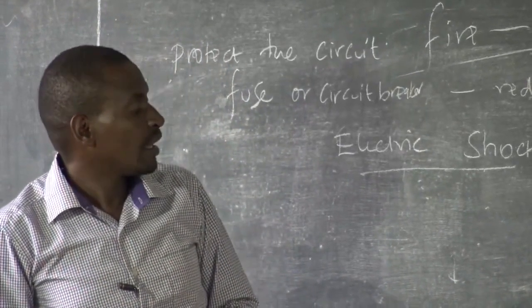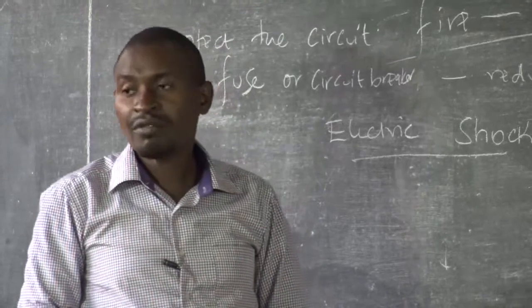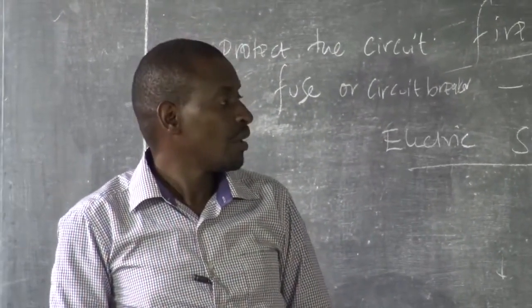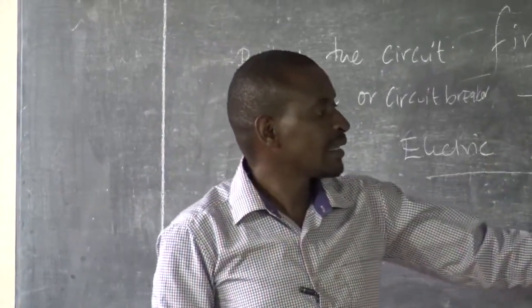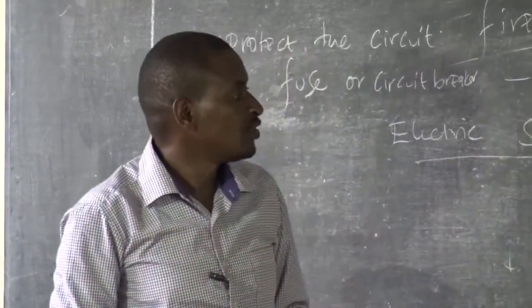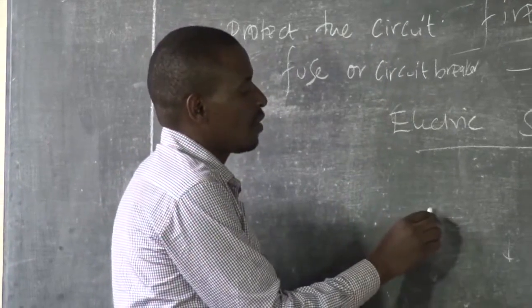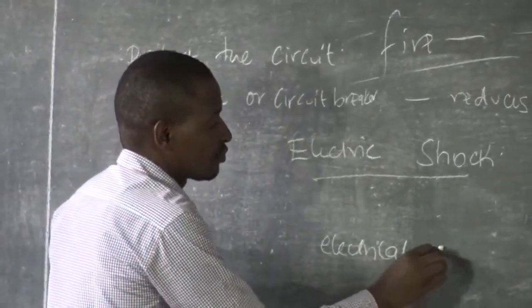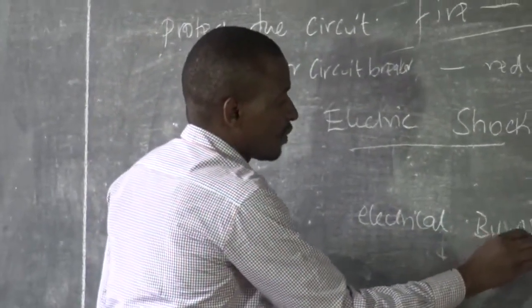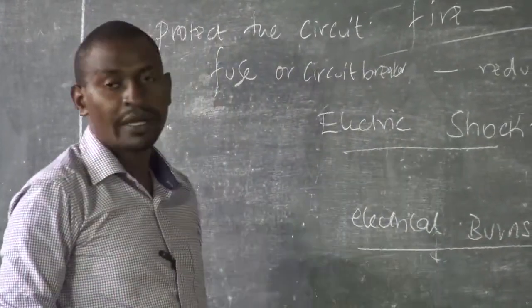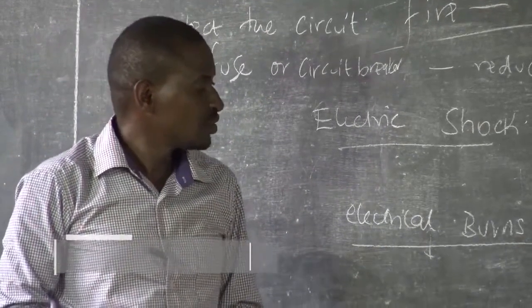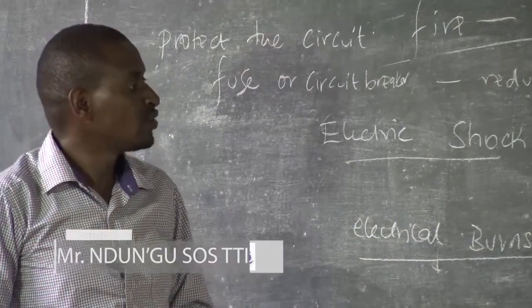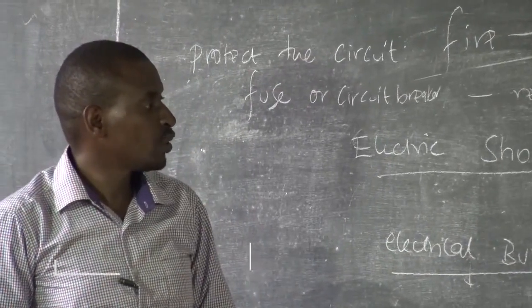Other than the contraction of the muscle and the heartbeat rhythm being destroyed, when you have a higher current like this flowing through your body, it results in electrical burns, whereby your body tissues are burned because of the amount of current that is flowing.